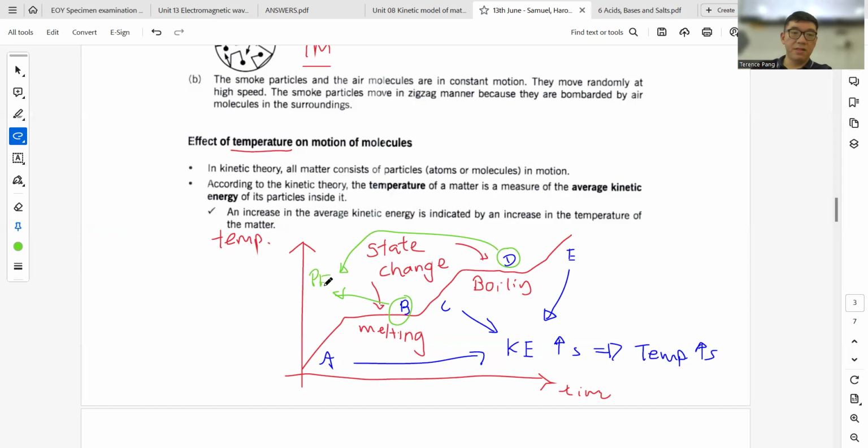Is it called potential energy or internal potential energy? It's both lah. You can call it internal potential energy if you want. Potential energy is a general name. It could be related to bulk potential energy, which is like, for example, you raise a ball to a high level, so it has gained gravitational potential energy.